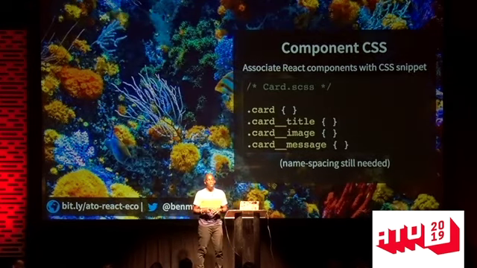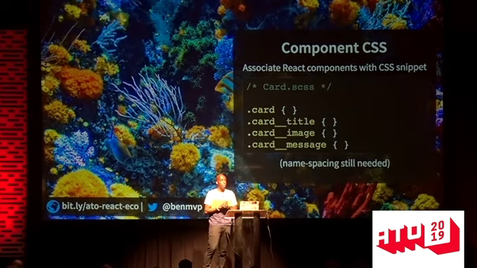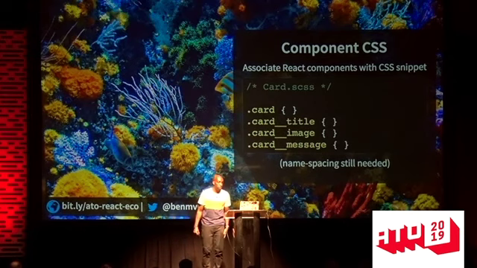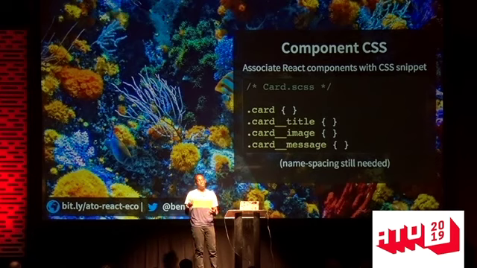And then in your component CSS, the separate file, you would still need to use some sort of syntax to prevent naming collisions, like BEM, for instance, because eventually all the CSS is going to be put together in one bundle. But hopefully, if you had written global CSS, it was still already modularized, so moving to component CSS shouldn't be too difficult.